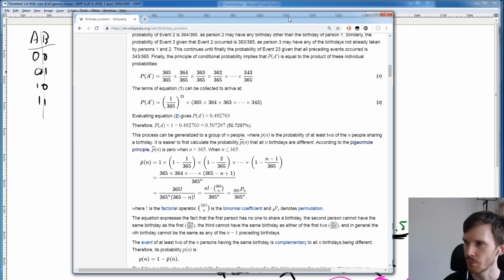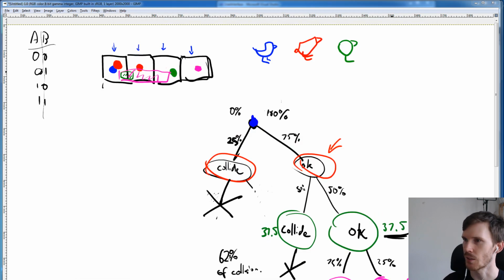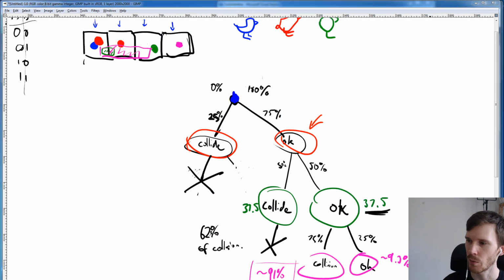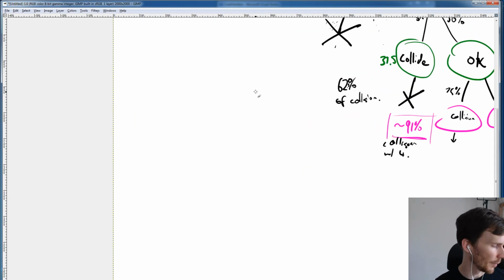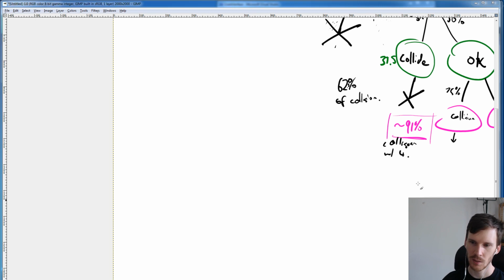But what I do want to do is think about this from an engineering standpoint rather than a mathematical standpoint. Because we're building a menu system and we're hashing these things, a collision is not going to be the end of the world.